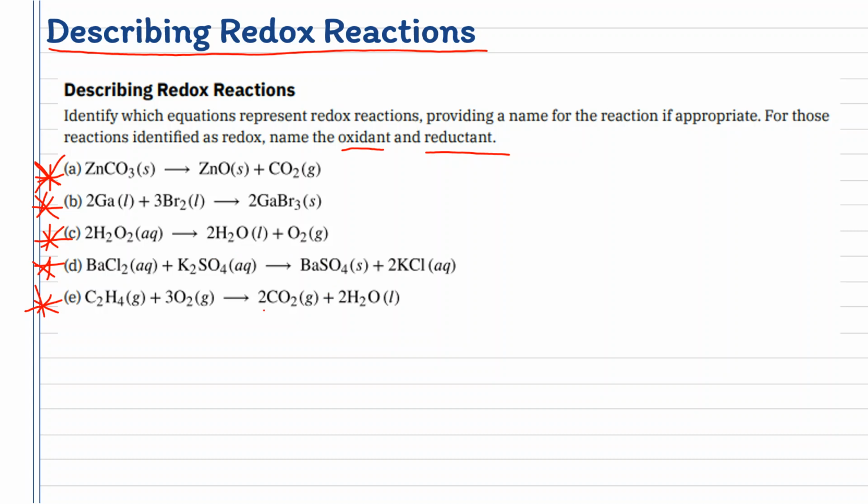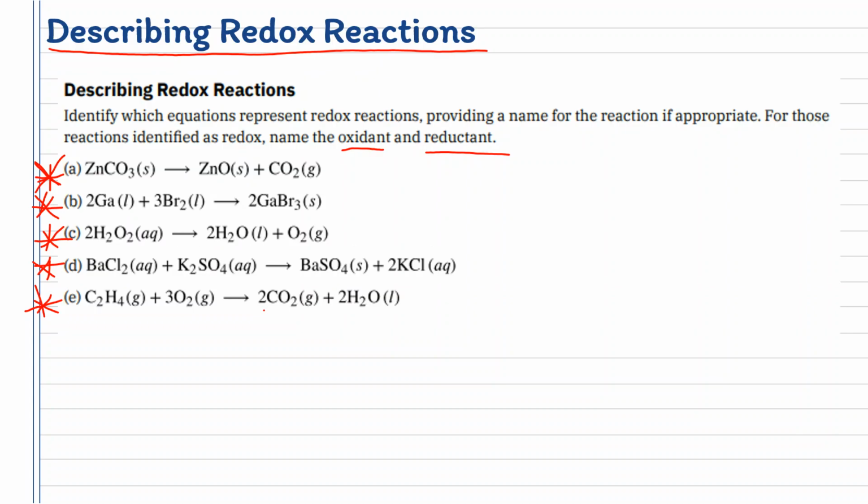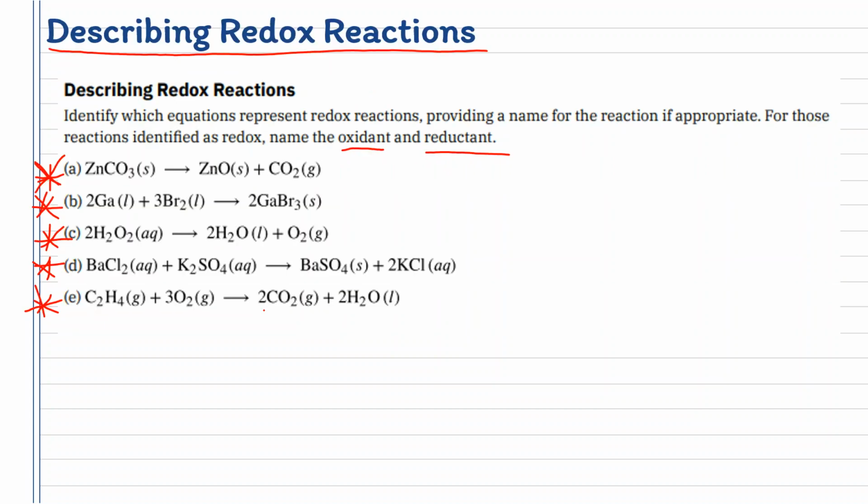So are you ready? We're going to go through this together. I hope you're ready. Yeah, I am ready. I hope you're ready too. So let's look at this together. We're going to start with our first one. First, let's look at what the question is.